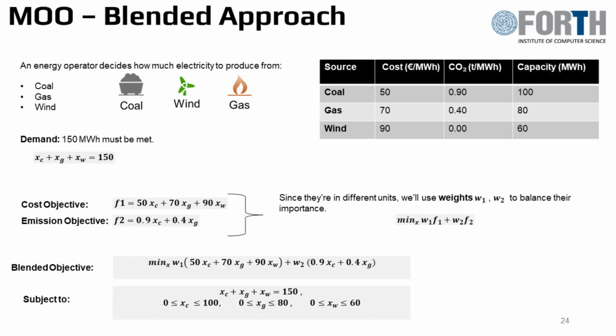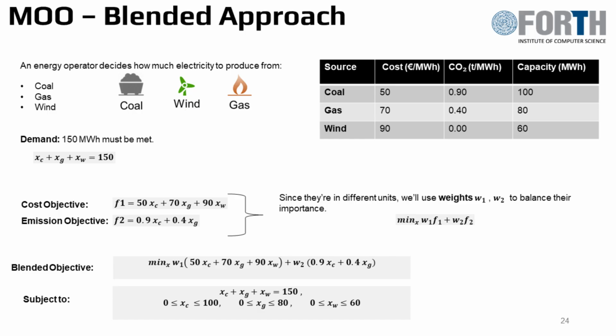We define two objectives. A, a cost objective based on the production cost of each source, and B, an emission objective based on CO2 intensity. These two objectives are measured in different units, euros and tons of CO2. Since they are not directly comparable, we introduce weights, typically denoted W1 and W2.